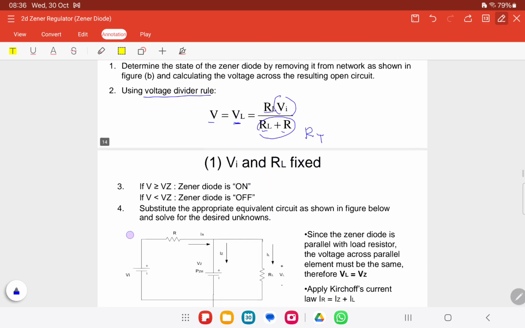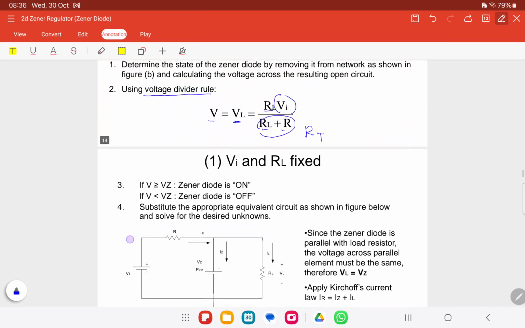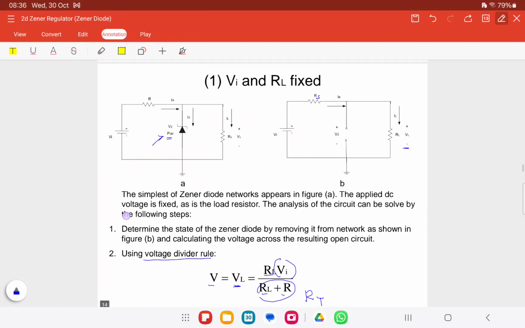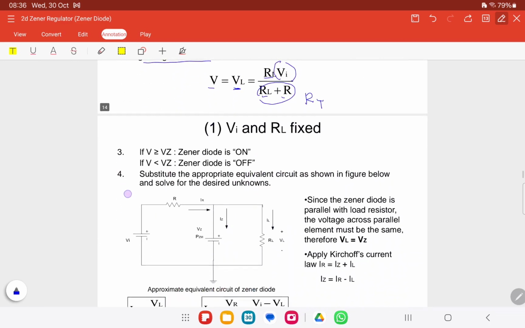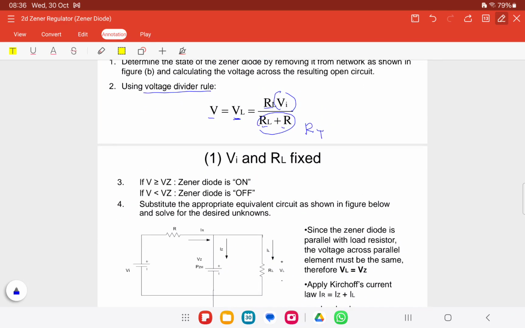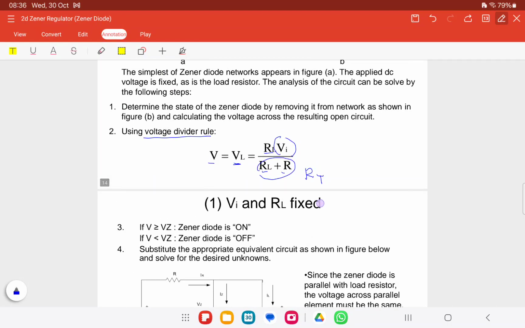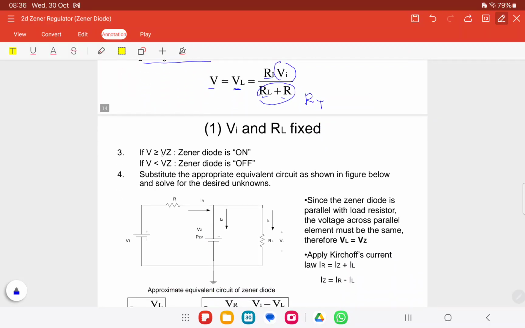Okay, so once we get the value for VL, if we look at it like this, this is in parallel, so VZ equals to VL. But for the first step, we want to determine whether the diode is on or off. We find the VL first, and then we compare with the VZ value given.